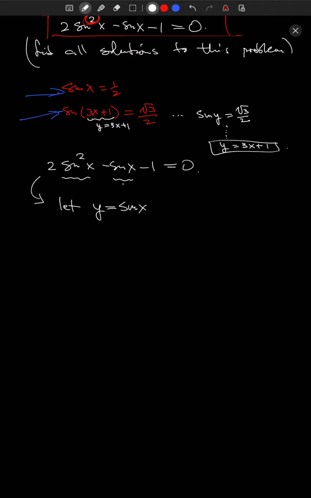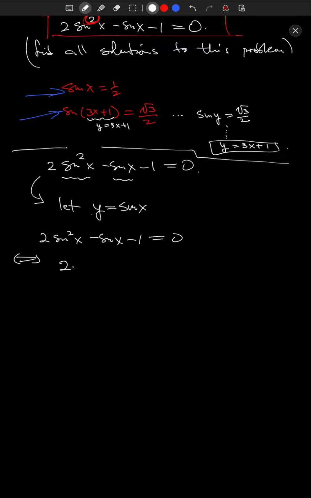So here we're going to do exactly the same idea, except we're doing our substitution, this y, in a slightly different context. We're going to let y be sine x. And so now our problem, 2 sine squared x minus sine x minus 1 equals 0, becomes 2y squared minus y minus 1 equals 0.